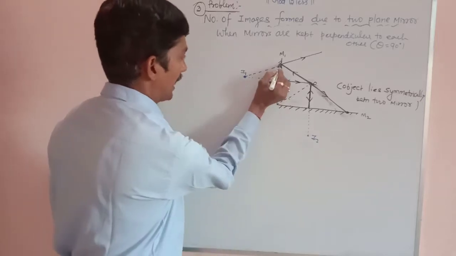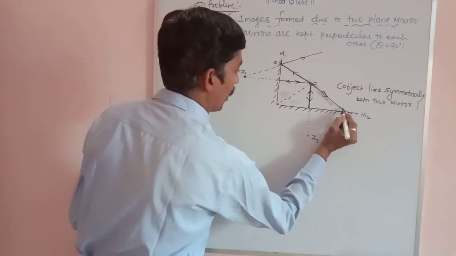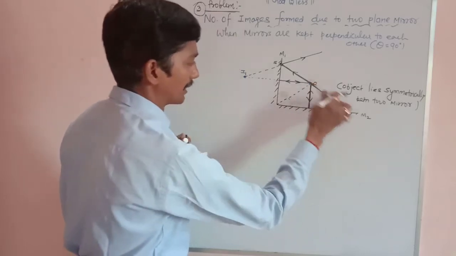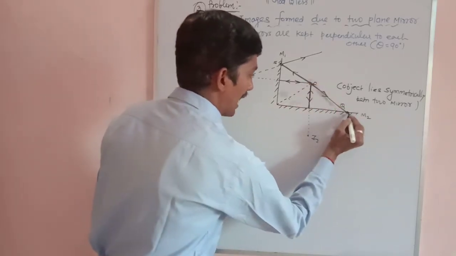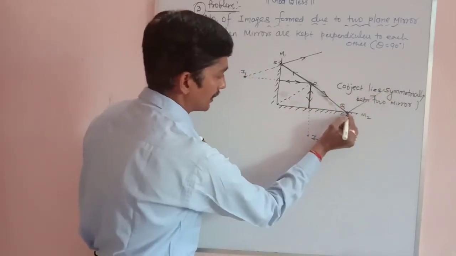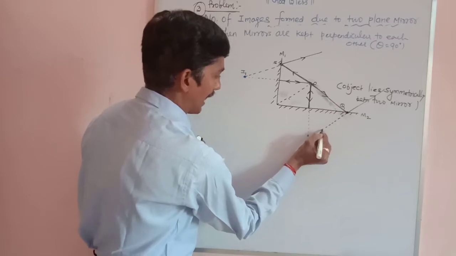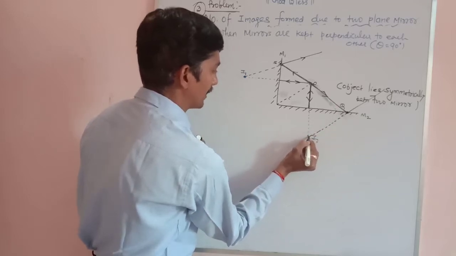Say it is incident at point S on mirror M1 and at point Q on M2. This is another incident ray which is reflected here, produced inside mirror M2, and meets at point I2. You can see in the diagram.